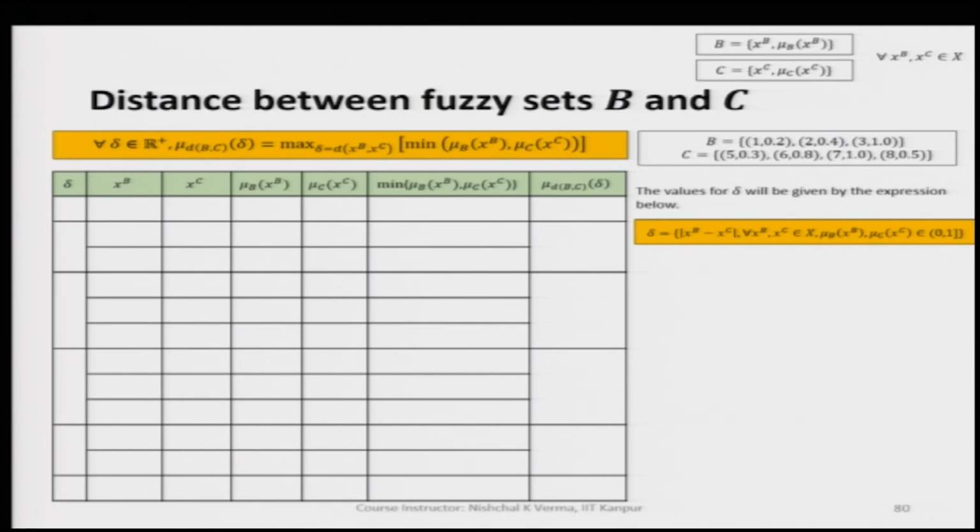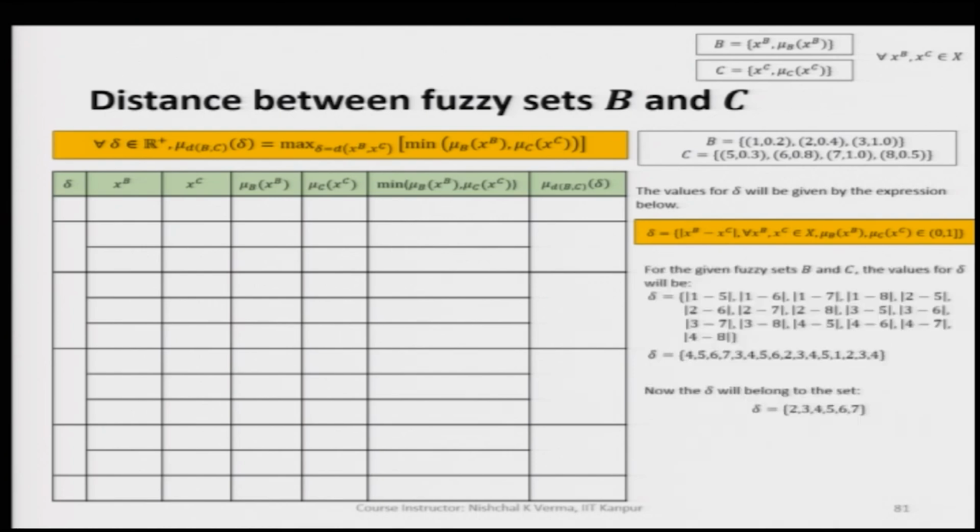We remember that we first need to find a set of delta values, and these delta values will start from 0. First we try to find the difference of 0, and for this difference of 0 we use the generic variable values of both the sets.